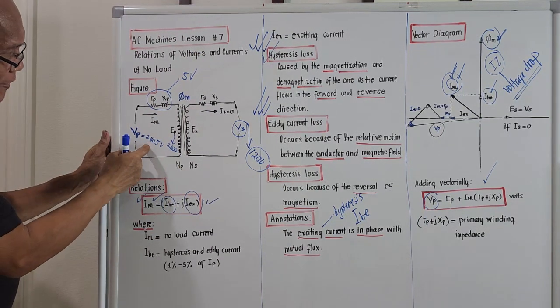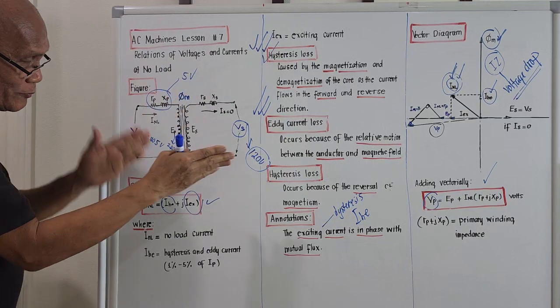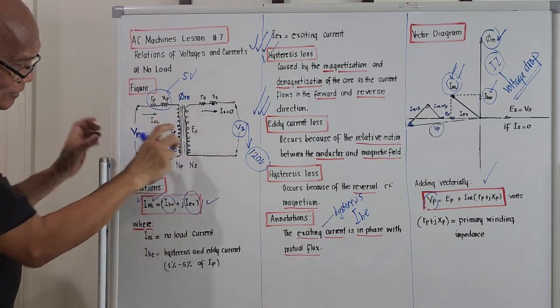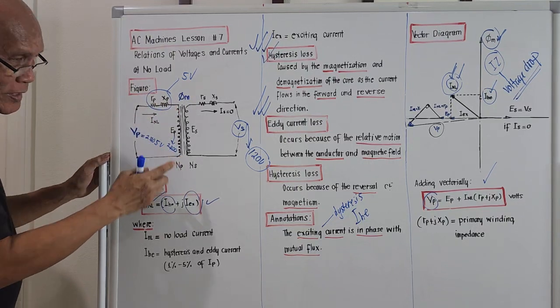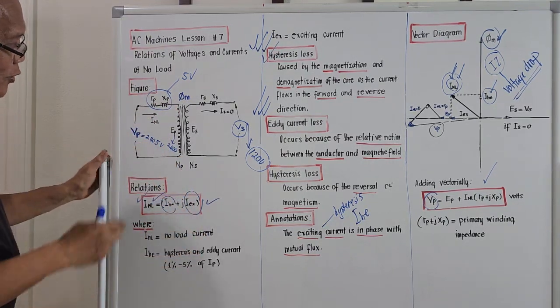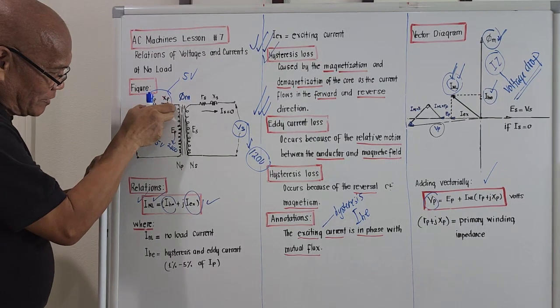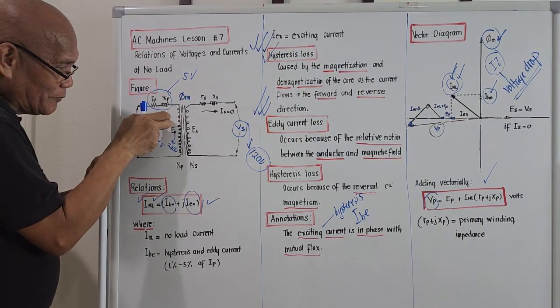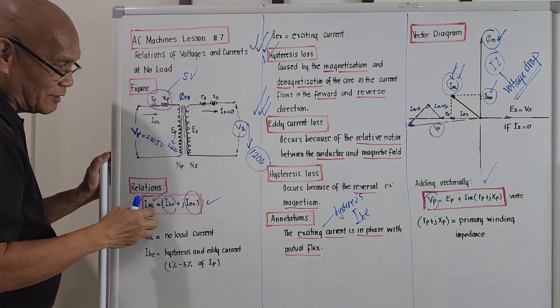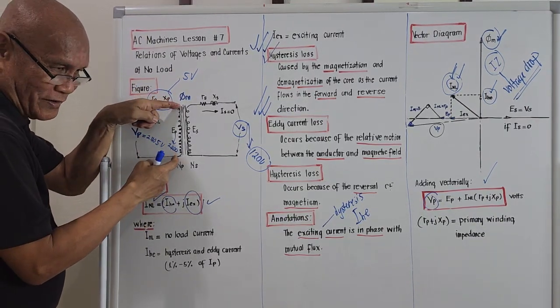A 2405 minus 5, assuming for the meantime they are all real, what comes out as the induced voltage on the primary is 2400. That's the one I am saying, that you will compensate for the impedance drop. Because as the current passes through R sub P and X sub P, there will be an impedance drop whether we like it or not. The voltage that will come out here will be lesser.